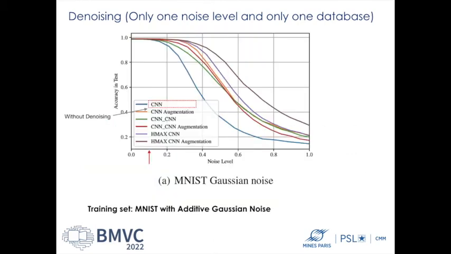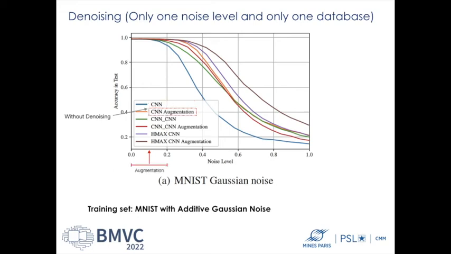The blue line represents a baseline where a CNN is trained for classification only, on images with a Gaussian noise of 0.1 standard deviation and 0 mean. Of course, when the noise level increases, that is the x-axis, the performance decreases.